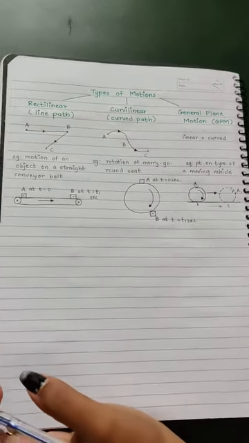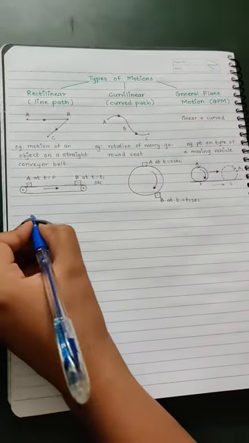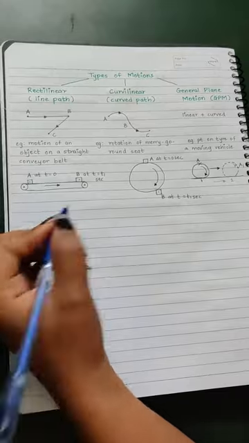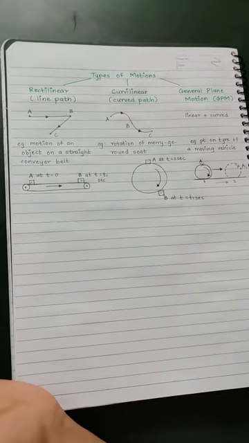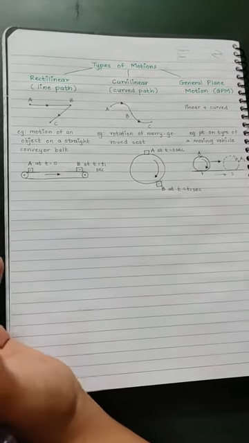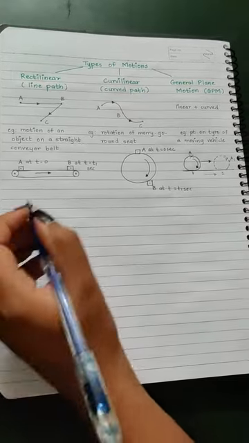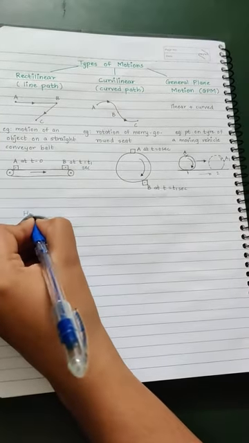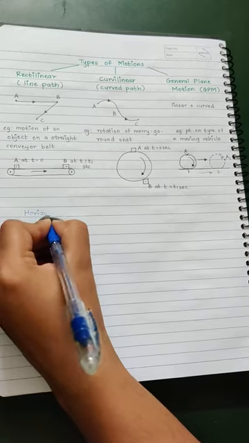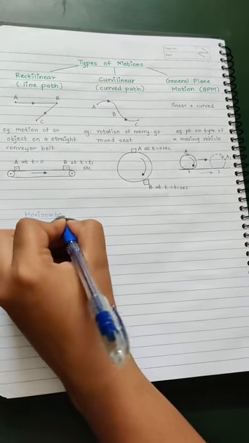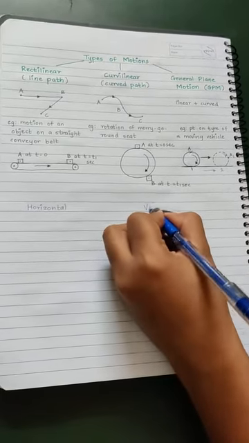Okay, coming down to different types of motions in rectilinear, around us we see different types of motions in different planes. Broadly you can have one in a horizontal plane, correct, and the other one in a vertical plane.